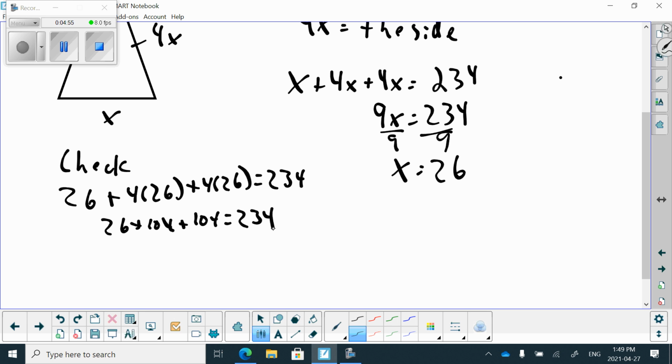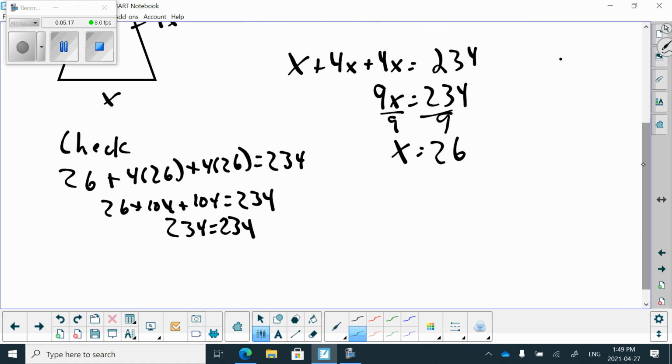And then... Awesome. Are we done? Right, Tony, how do we wrap this up? A sentence. What's our sentence going to say? The base is 26 what? Meters.